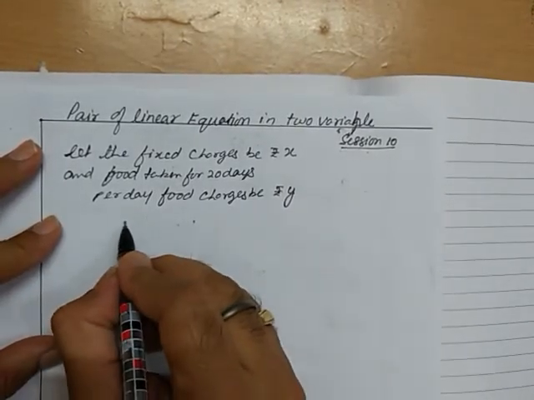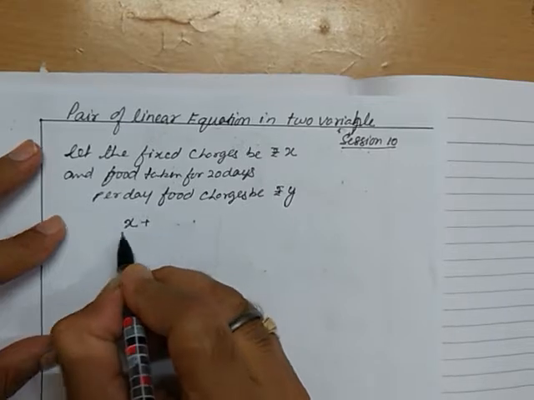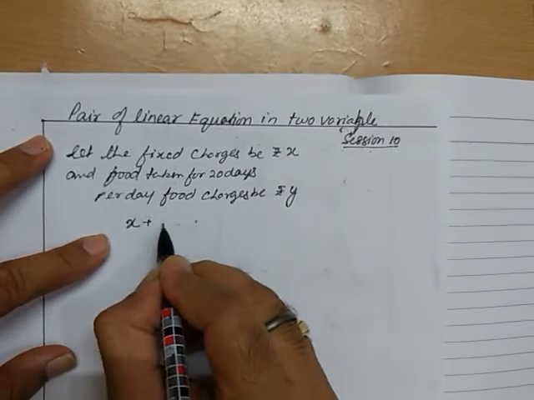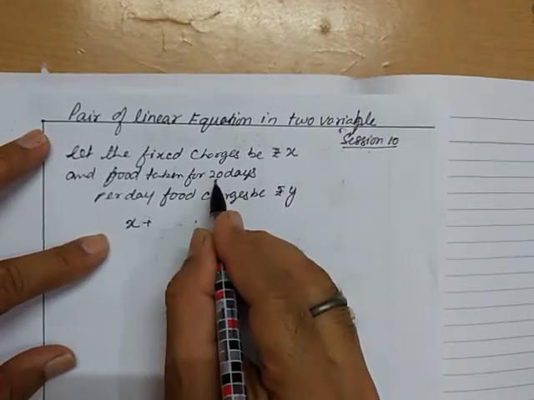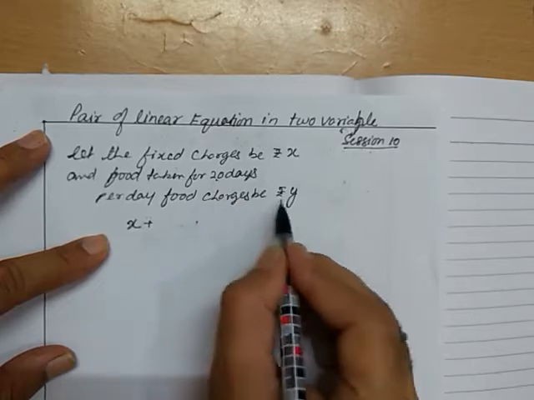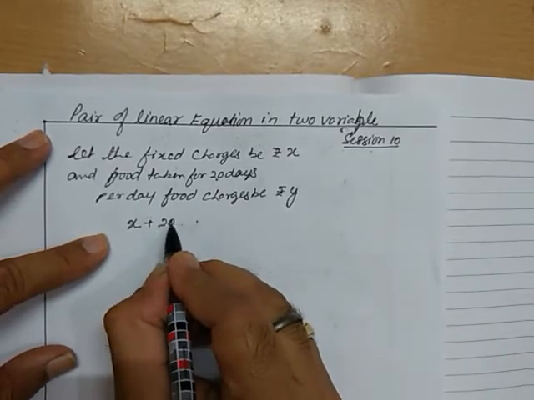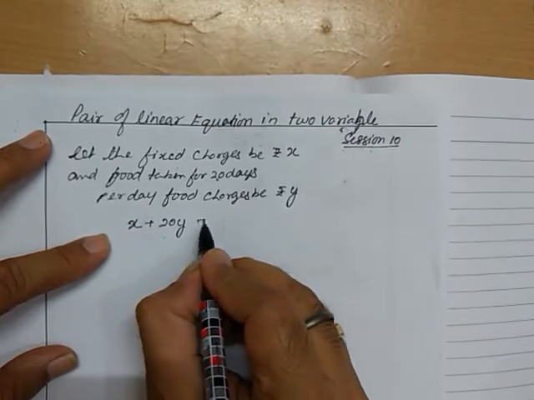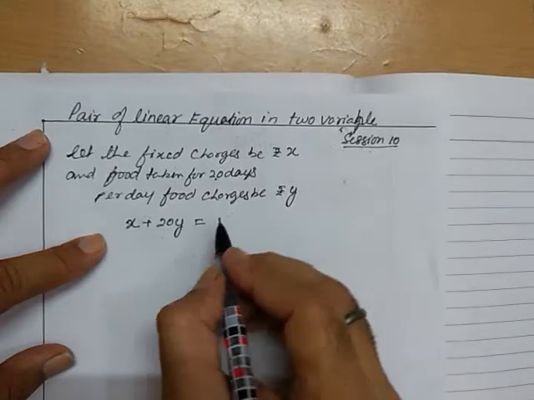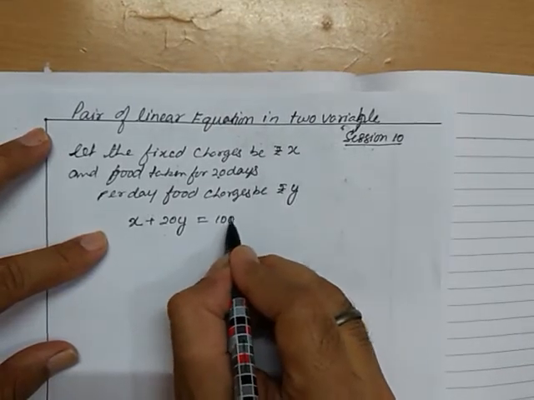The equation will be X rupees, that is the fixed charges, and for 20 days she is taking the food, so the mess charges will be 20Y, and the total bill which she is paying is rupees 1000.